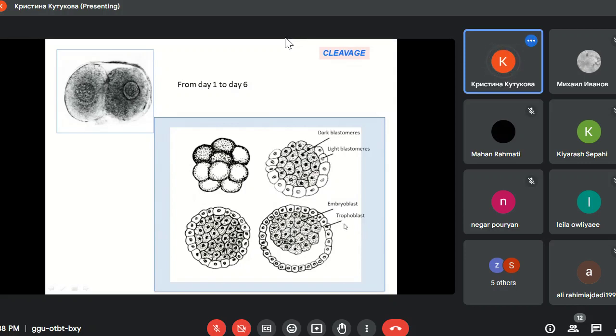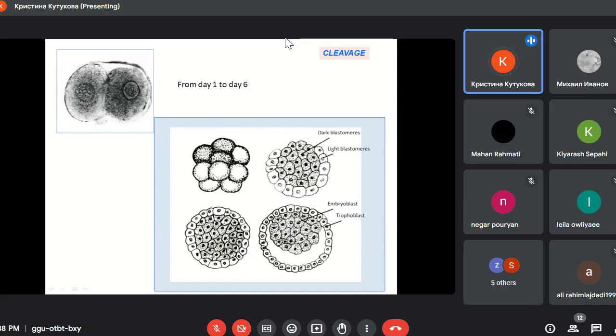The trophoblast cells in future will form the fetal part of the placenta, the baby part of the placenta. Placenta is the temporary organ for feeding of a baby inside the uterus of the mother. Through the placenta, gas exchange happens between the blood of the mother and the blood of the baby, and it happens through the blood capillaries of the placenta. The placenta is composed of both maternal tissues and the baby's tissues, and these baby's tissues of the placenta will develop from trophoblast.